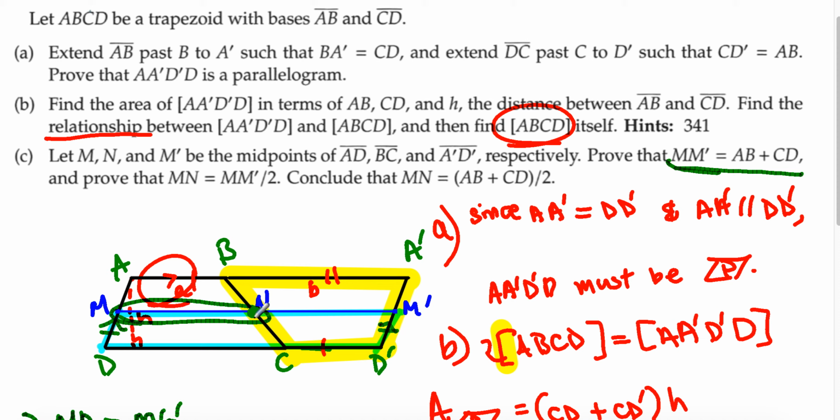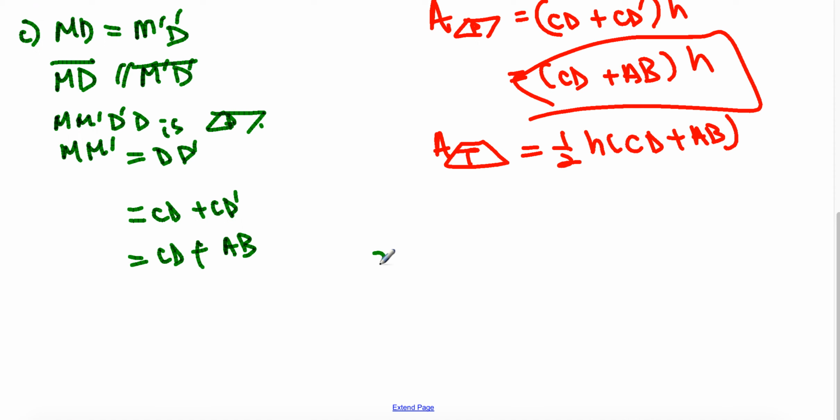Since M is the point where it divides the first trapezoid from the second trapezoid, the length must be cut in halves about M. So MN plus NM prime is equal to MM prime, but since these are equal to each other, we get to realize that 2 times MN must be equal to MM prime.